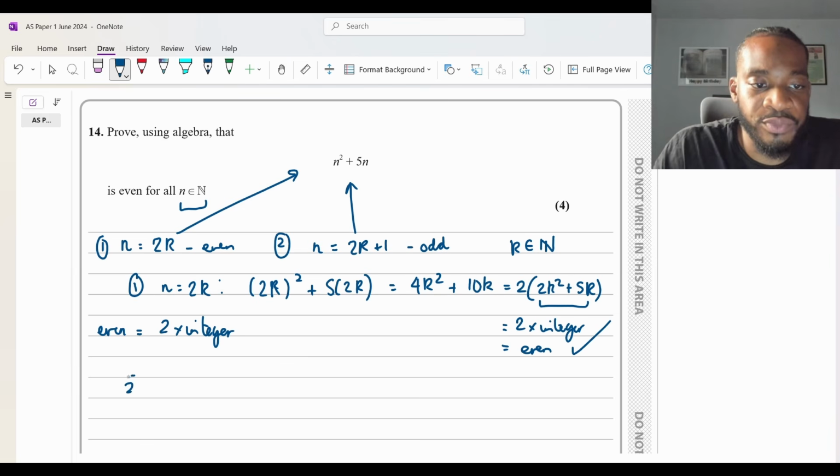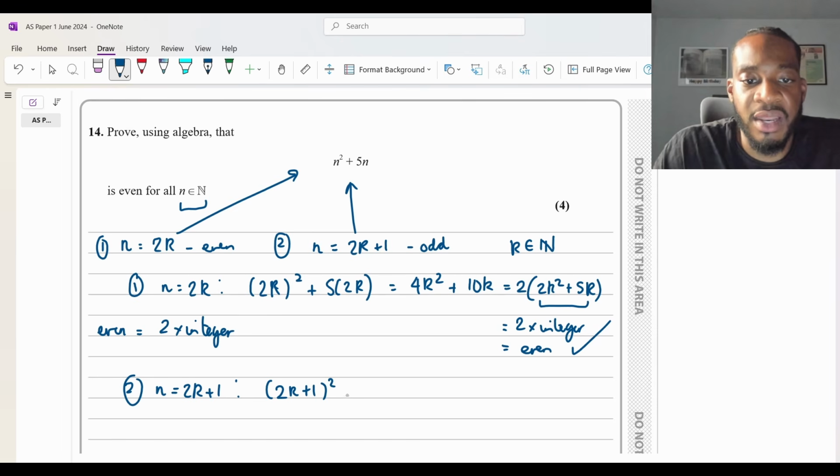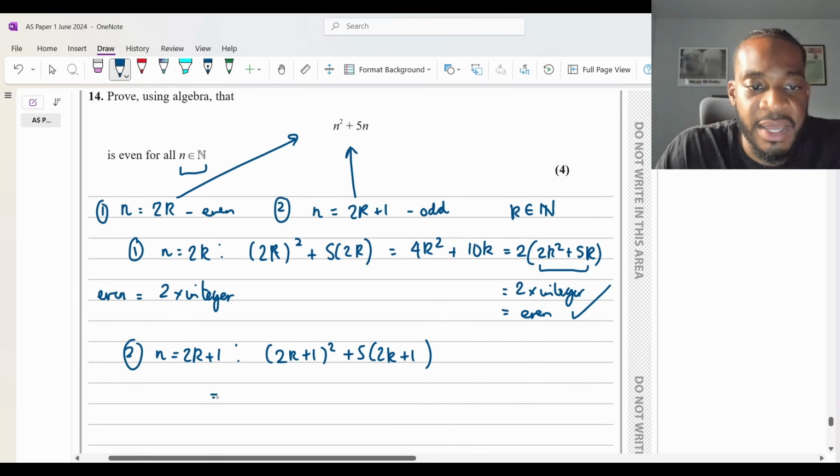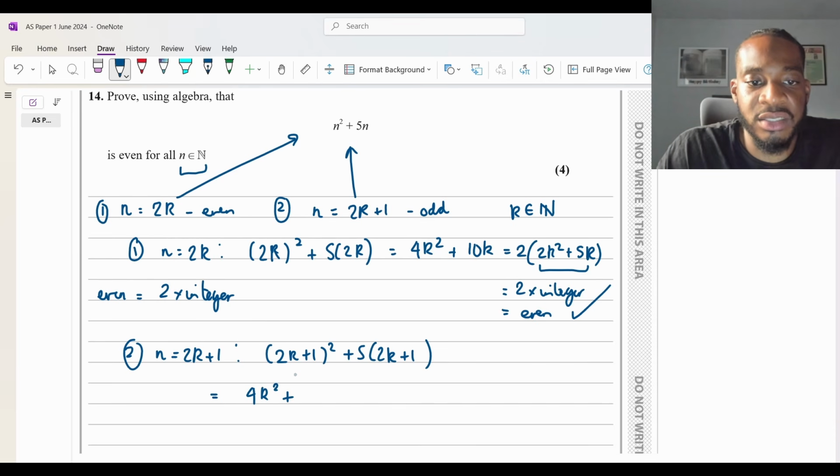Let's do case number 2, n equals 2k plus 1. So let's plug that in. That's going to be 2k plus 1 all squared plus 5 lots of 2k plus 1, isn't it? So doing that, expanding that, that is going to be 4k squared plus 2k times by 1 is 2k, double that, 4k, plus 1.